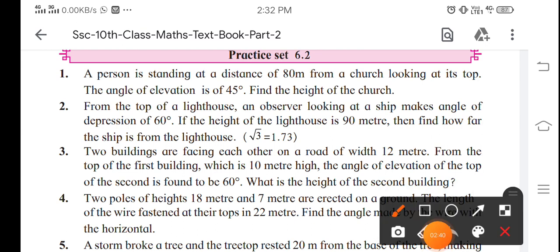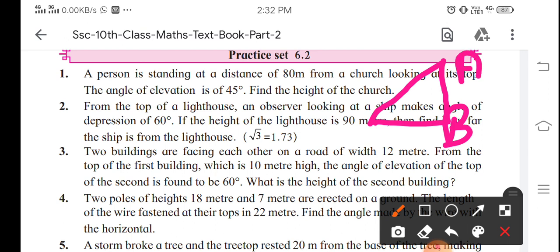See how we can show the diagram. Suppose this is AB, just write B, A, and this is C. This point C is the position of the person. The person is standing over here. Just suppose that C is the position of the person, and this AB is the height of the church.